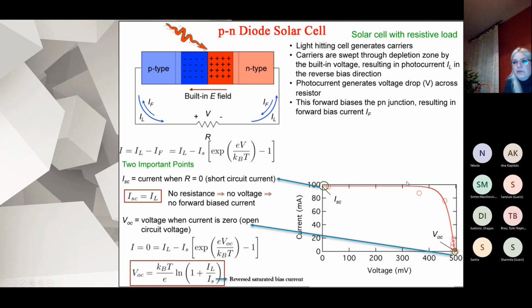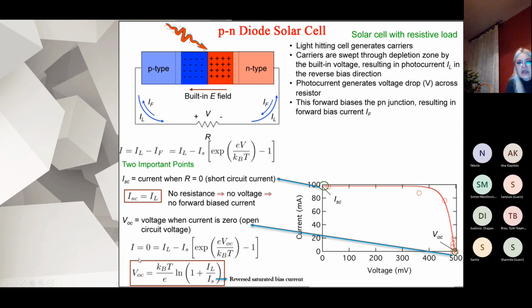And for the next point, the maximum voltage, we measure it when the current is 0. If the whole current is 0, then the whole expression can be set to 0, and from there you can extract this voltage.